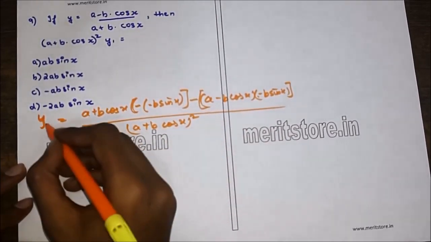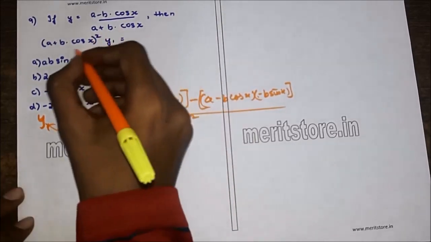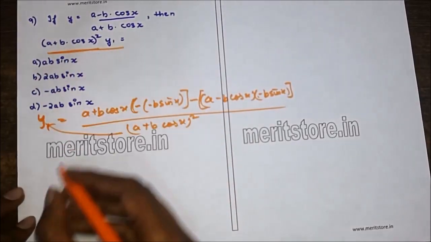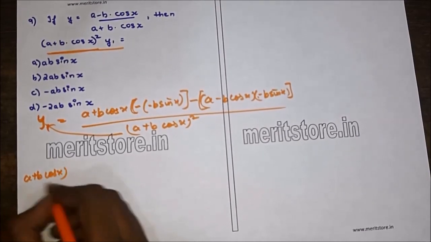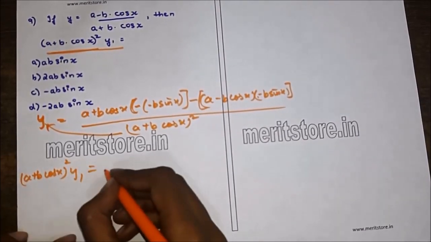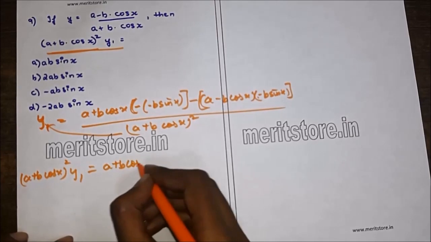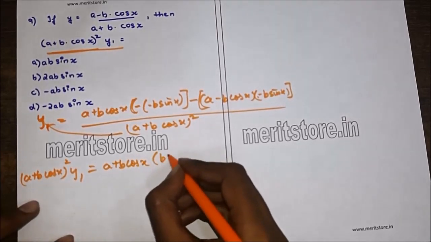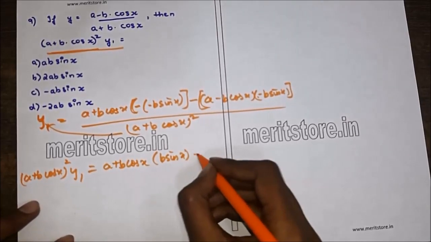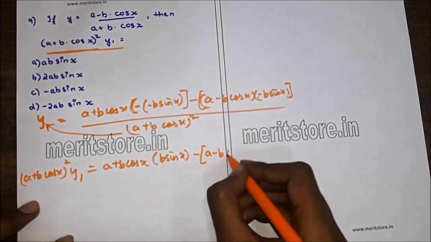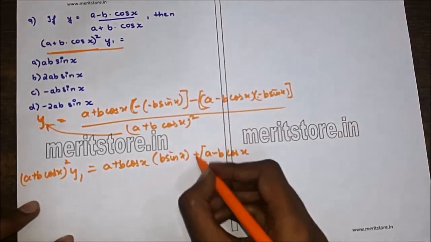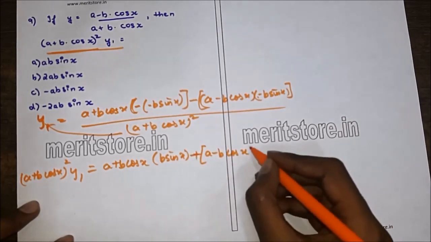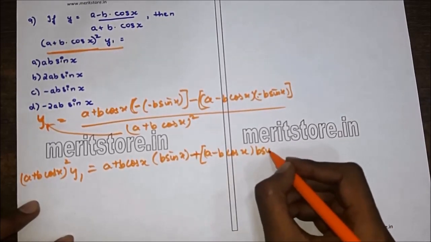We take this term to LHS, so we get the required LHS. So this is a plus b cos x the whole square into y1 is equal to a plus b cos x into b sin x minus a minus b cos x, we take minus 1 outside, so this is plus a minus b cos x into b sin x.